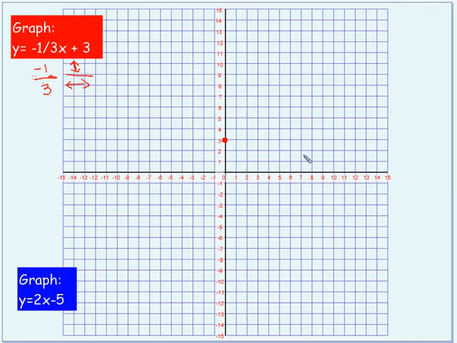So we would go down 1 and over 3, and then we would put our other point. Okay, and we can repeat that again. We don't have to, because if we do it once, we get another point, and you can draw a line through 2 points. And now I have 3 points, and then you draw a line. And remember, when you draw lines, they have arrows on both ends.